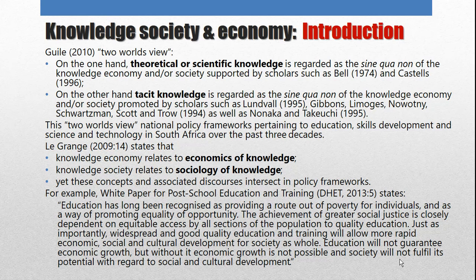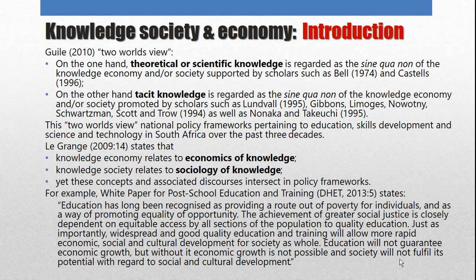Don't even know if I pronounce it correctly, but these Japanese authors have written a book that has been used extensively discussing the importance of tacit knowledge. So we see a shift almost away in the later part of this period towards the influence of tacit knowledge.